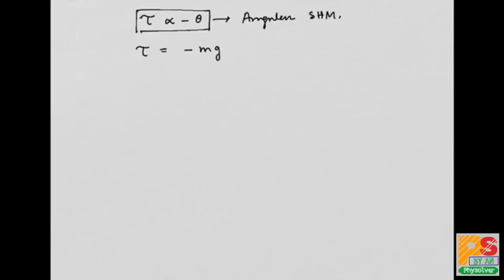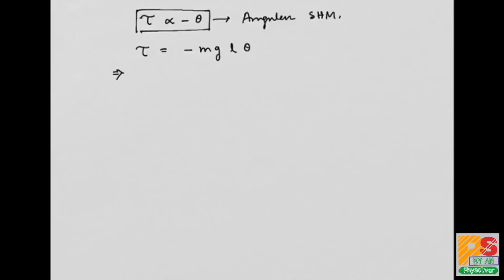Now for angular SHM, we know that tau must be proportional to theta, right? This is the condition for angular SHM. Now look at the expression we got here. Tau equals minus mgL theta. So clearly the body will perform SHM.